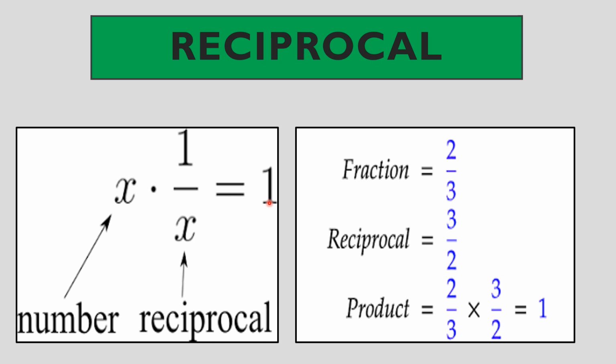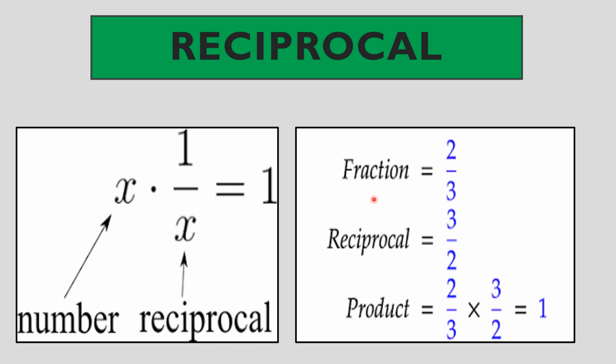You get 1 as the answer. So remember, if you multiply a number with its reciprocal, you get the answer 1. The reciprocal of x is 1 upon x. x into 1 upon x is 1.